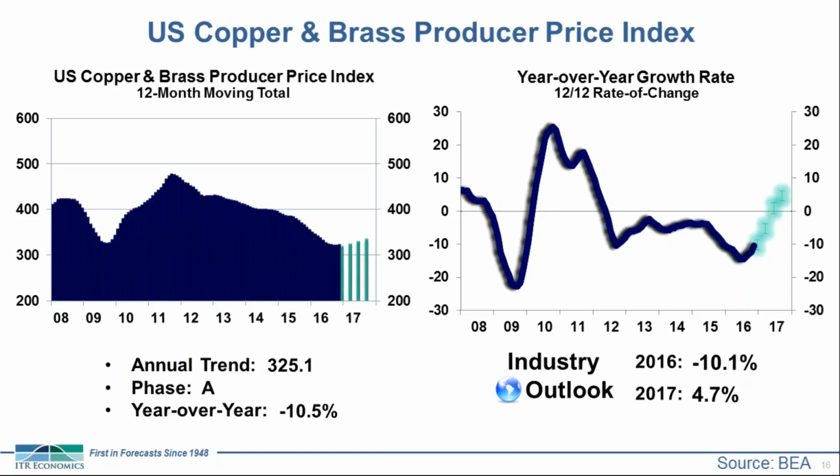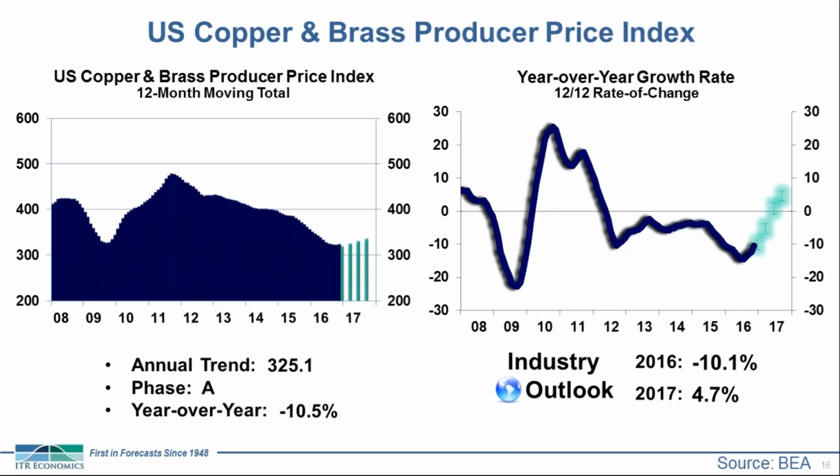You can see that we've just recently transitioned to Phase A recovery. The price index is currently down 10.5% year over year, which highlights some of the negative pricing pressures that I mentioned earlier affecting a lot of people involved in mining and manufacturing. But you can see that there is significant sustainable rise in the producer price index, which will likely persist through the next 4 quarters.